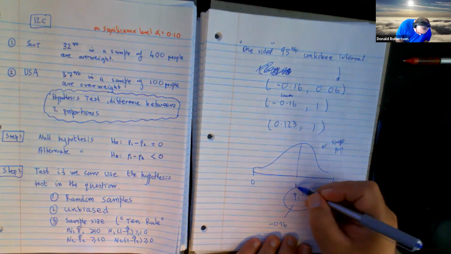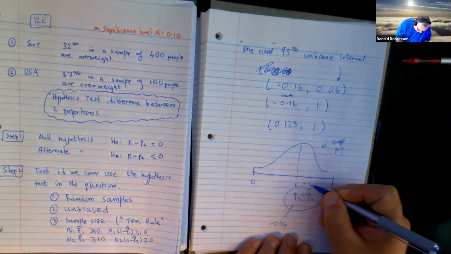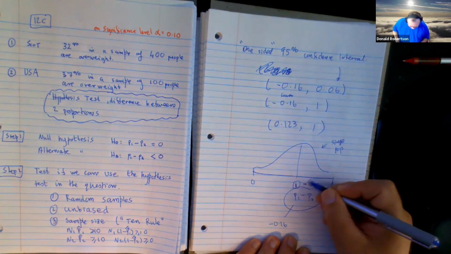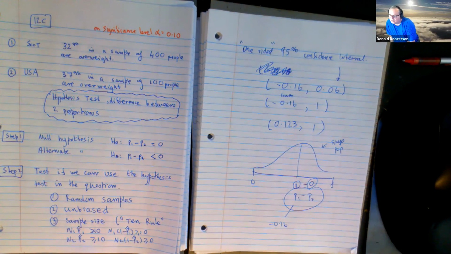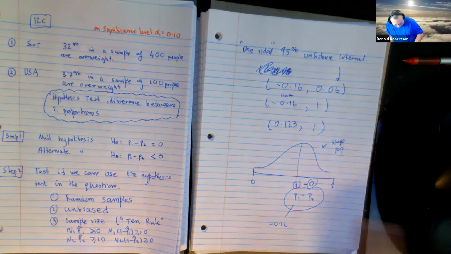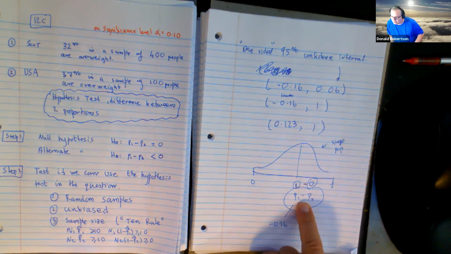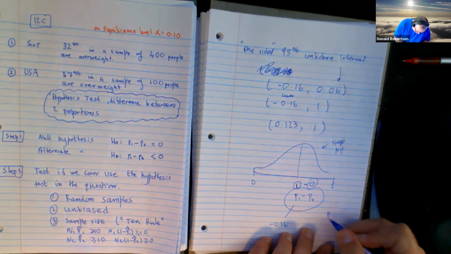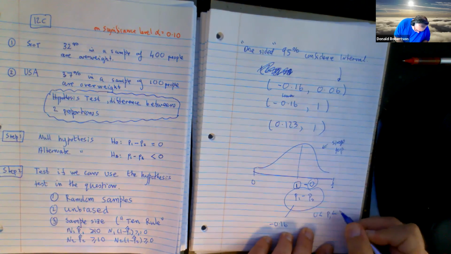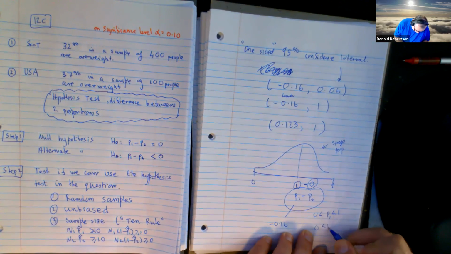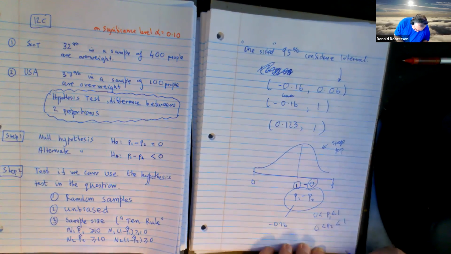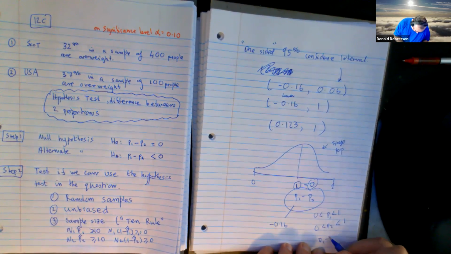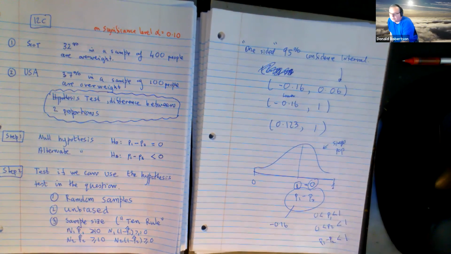Well, the biggest would be when that is 1 and this is 0. Remember these are both numbers between 0 and 1, right? If P1 was a number between 0 and 1, and P2 was a number between 0 and 1, then the biggest the difference could ever be is 1.